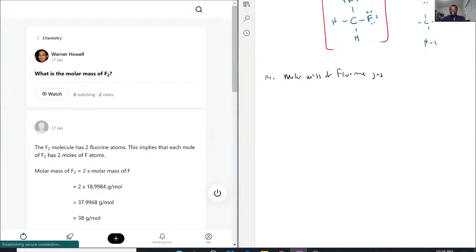So we'd go ahead and list it out like this: 2F times the atomic mass units of 1 fluorine. That's what we're going to use here, and we're going to multiply it together.